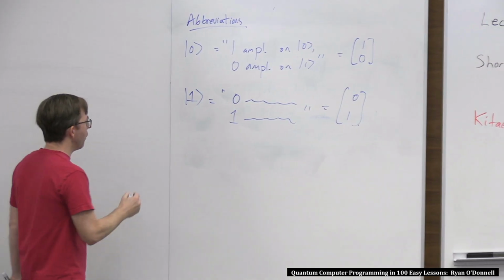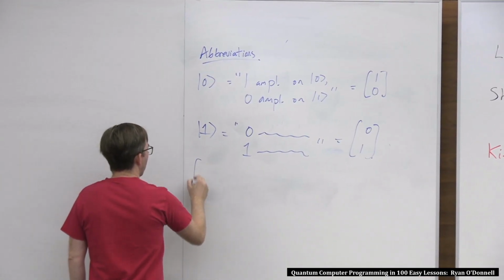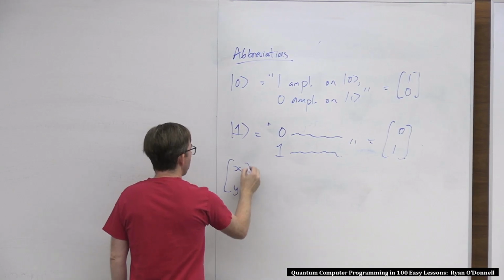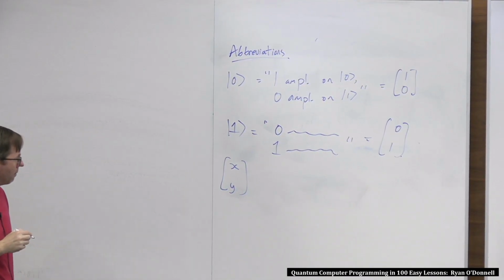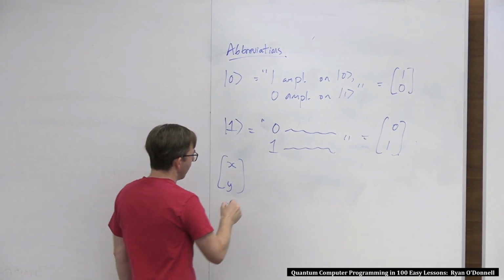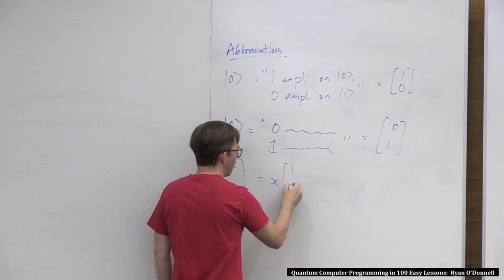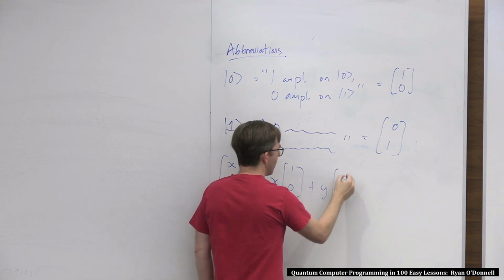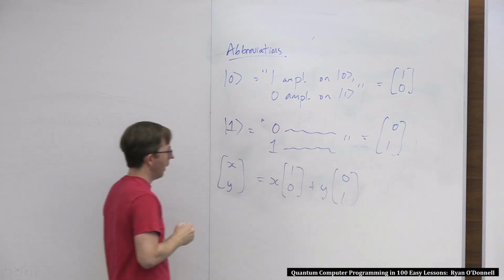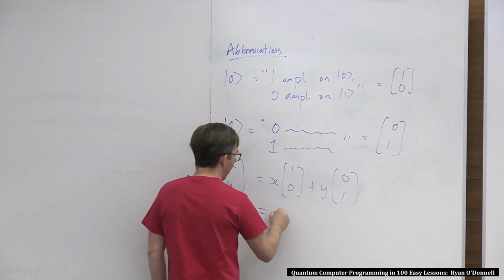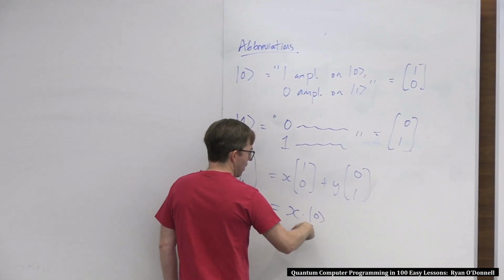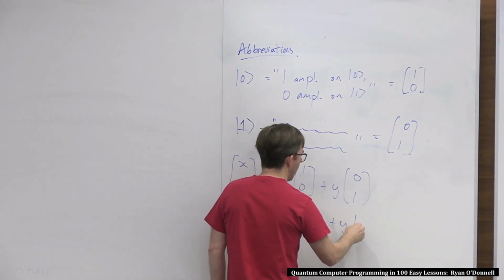And similarly, if you have a general state with x amplitude on 0 and y amplitude on 1, in high school or whatever, they say, okay, this is x, a scalar, times 1, 0, plus y, a scalar, times 0, 1. And so now we can write this as x times this vector plus y times this vector.